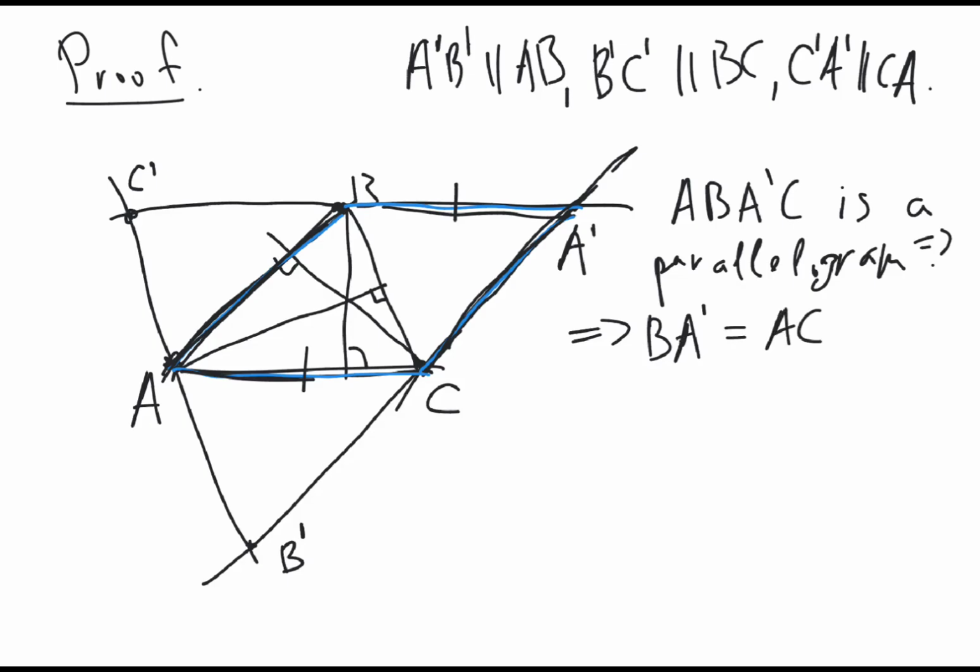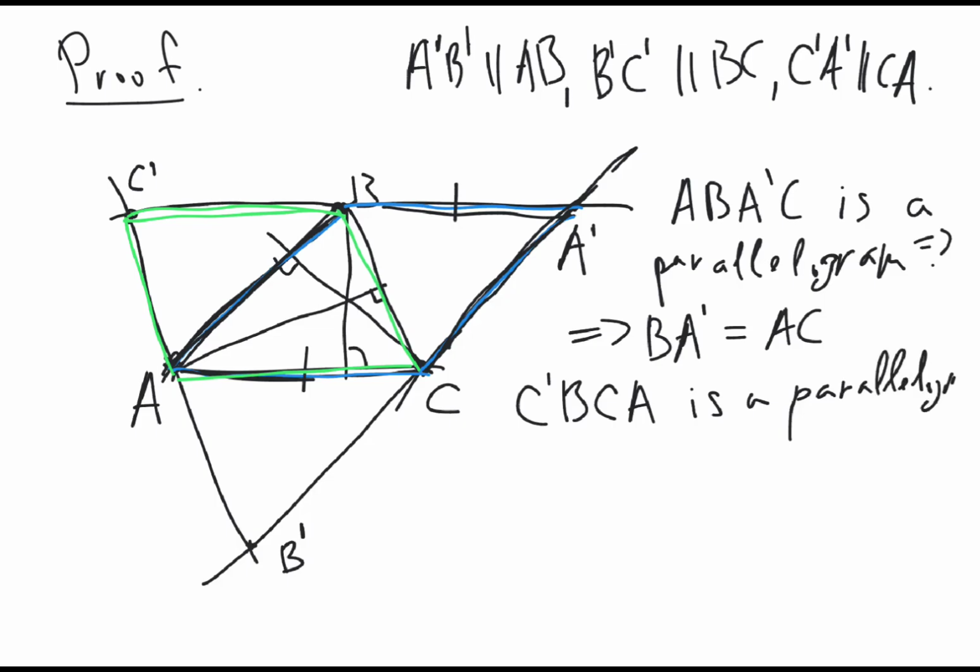On the other hand, we have this quadrilateral that I highlighted in green. It is also a parallelogram. So C prime B C A is a parallelogram as well, and similarly the opposite sides are equal, so C prime B is equal to AC.